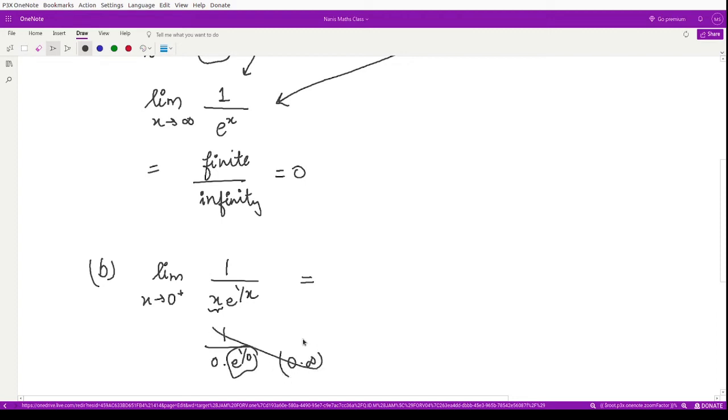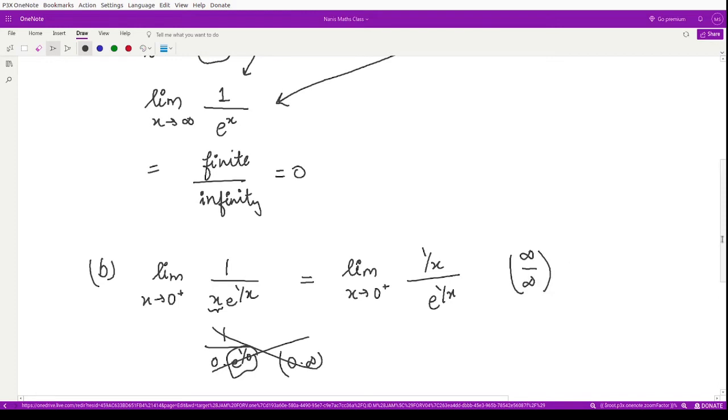So let's rearrange this a little bit, so that it would become the limit as x goes to 0 positive of 1 by x, and you can shift this x in the numerator so that it becomes e to the power 1 by x in the denominator. Now if you substitute the limit x goes to 0 positive, it would become infinity by infinity form.